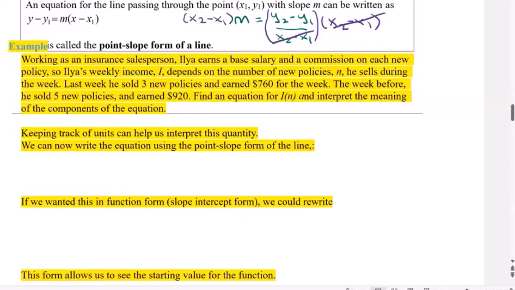So I end up with x2 minus x1 times m is equal to y2 minus y1.